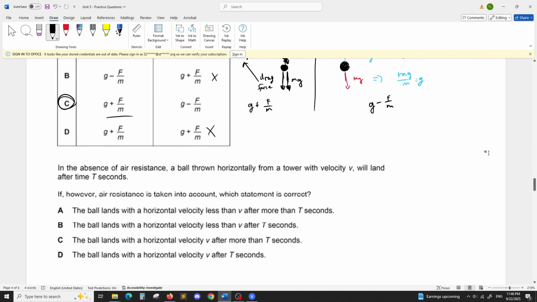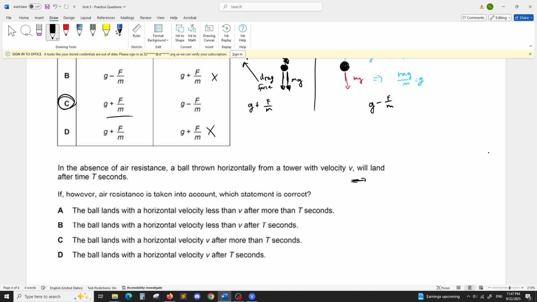In the absence of air resistance, a ball is thrown horizontally from a tower with velocity v and will land after time t seconds. If, however, air resistance is taken into account, which statement is correct?